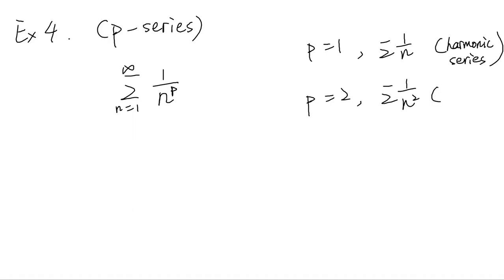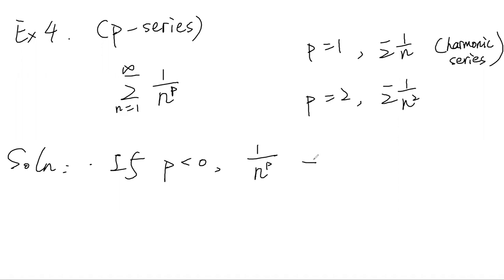There's no name for this series, not that I recall. But here, the P-series refers to more general p, and depending on the value of p, the convergence and divergence of this series changes. So if p is less than 0, then 1 over n to the p goes to infinity.